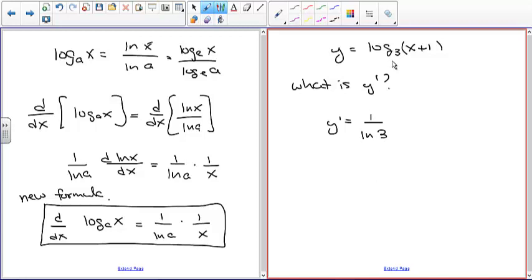That's my base. 1 over the natural log of a times 1 over x plus 1 times 1, because I take the derivative of the argument. So the final answer is y prime is equal to 1 over the natural log of 3 times 1 over x plus 1.